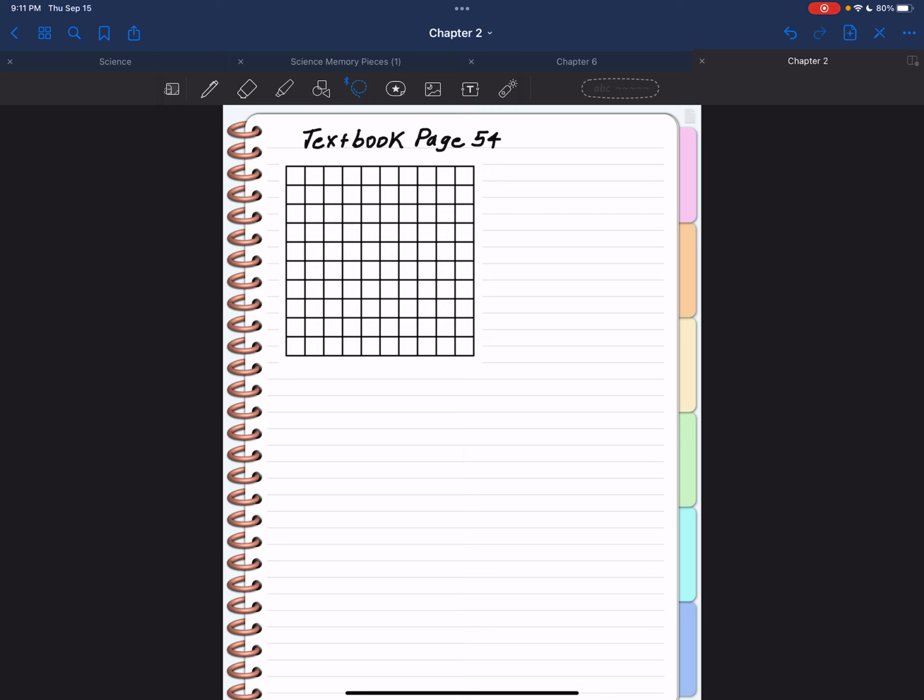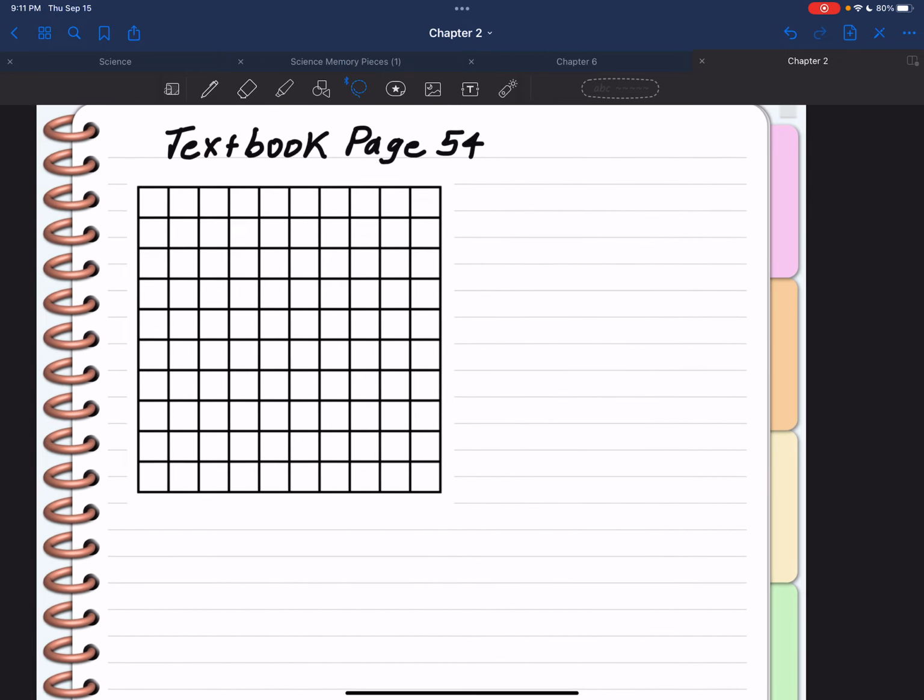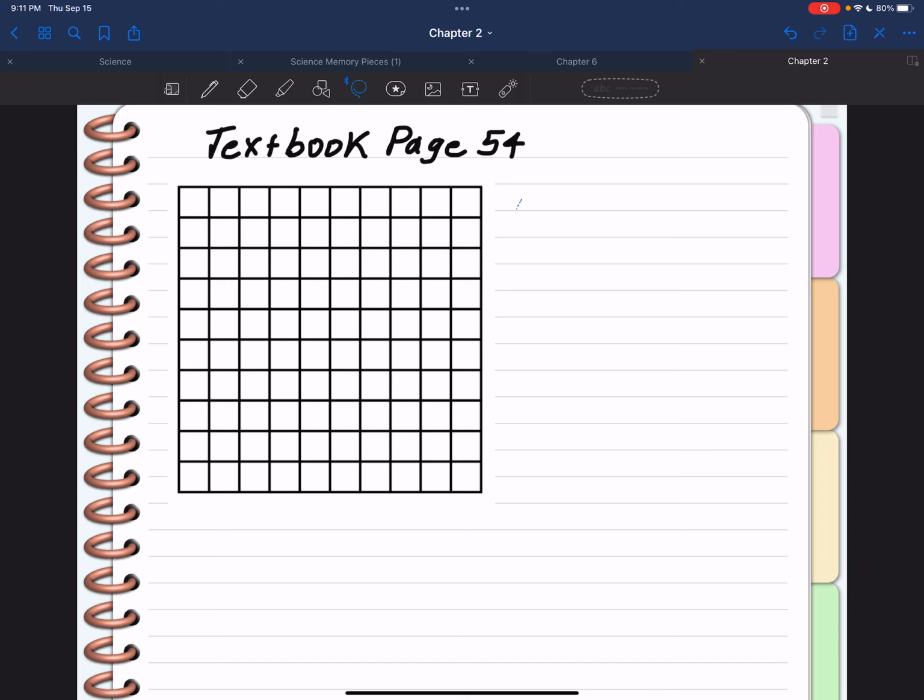Okay, this is starting us off with the meaning of percent. And I do want to spend a little bit of time here because it's very important that you understand what percent means. So let's just start with the word itself. Percent literally means for every 100.